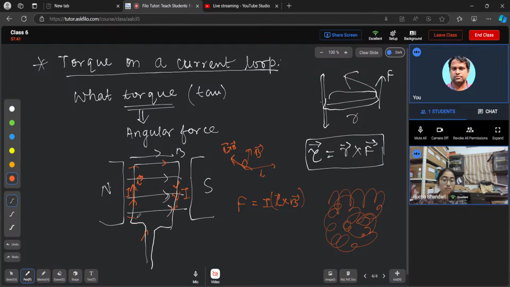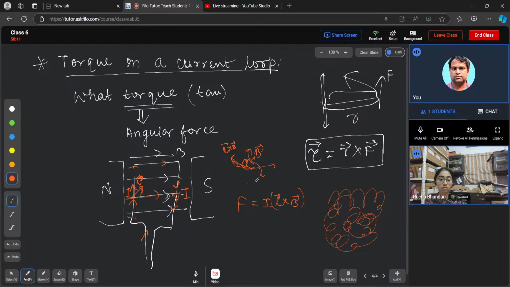Now if this is L, and B is perpendicular to it, then L cross B you just have to check with your right hand thumb rule. It may be upward or downward. Holding the current like I L cross B, it will be upward.